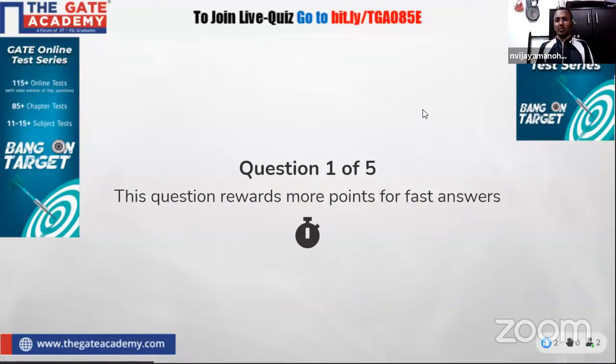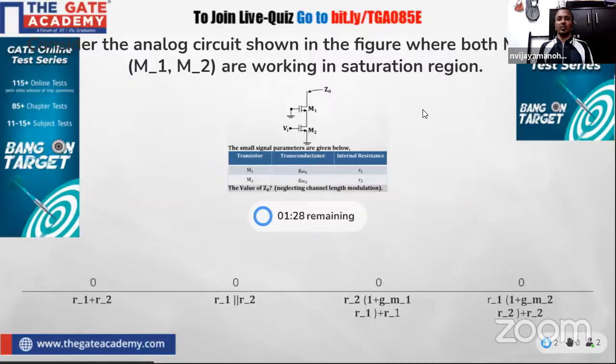Here comes the first question. Consider the circuit shown in the figure. Both M1 and M2 are MOSFETs working in saturation region. Their small signal parameters are given.